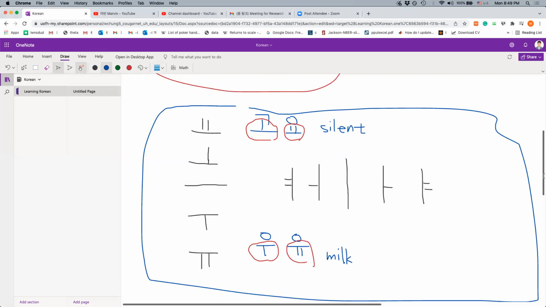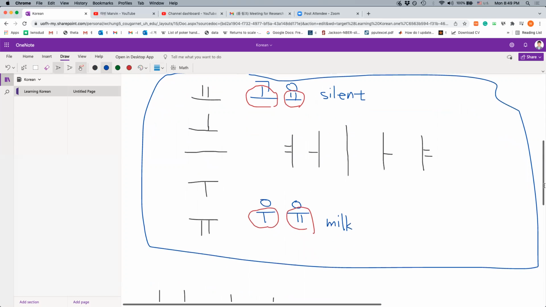And then let's think about this 음악, which means music, like you listen to music a lot of the time. 음악을 듣다, 음악, music.